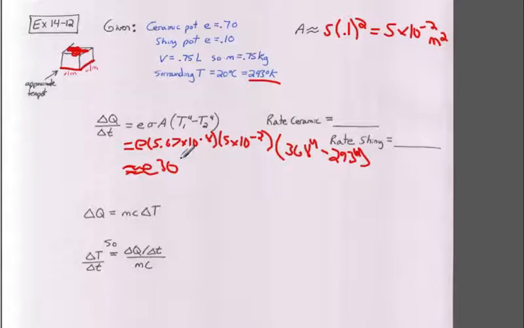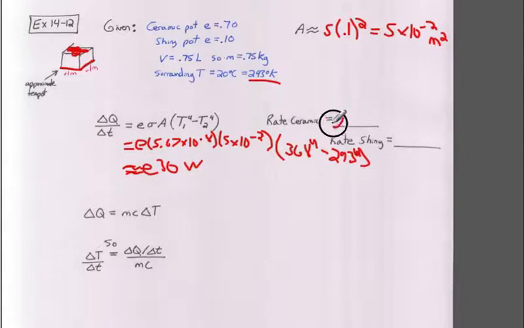That's right. Remember, emissivity is unitless. Since it's a change in heat or energy over time, it's a power, so we put watts. Then we said the ceramic pot is probably pretty black, so it's got an emissivity, or a shininess constant, of 0.7. So you do 0.7 times 30, and what do you get? Remember, we're only doing one significant figure here, so it says 21.